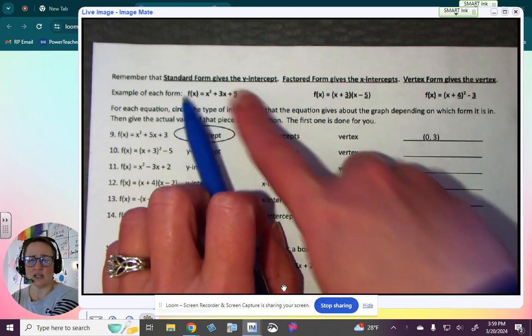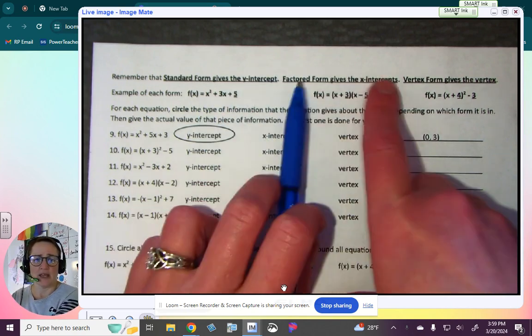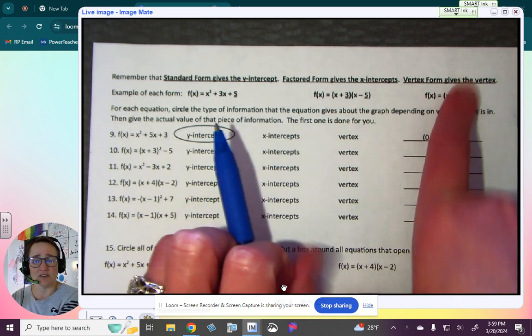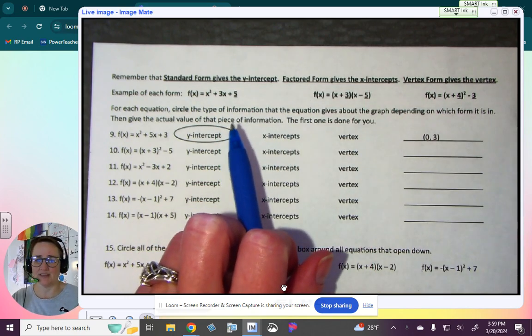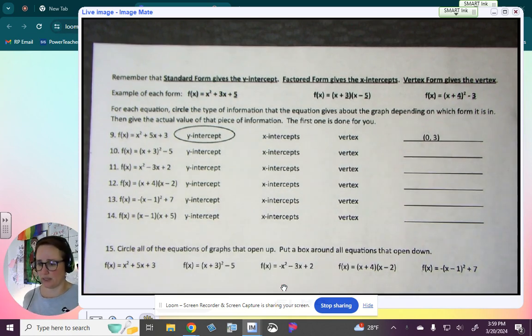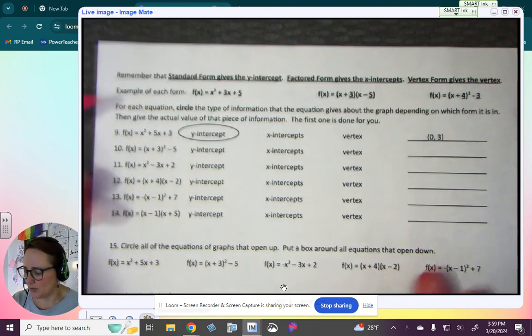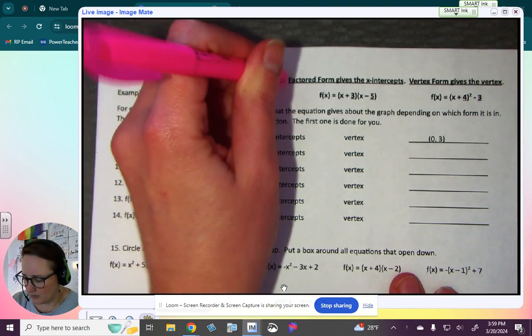If you gave an example of each form and what information we are looking for in each form, that tells us different pieces of information. If I was making an index card helper sheet, I would definitely write this example.